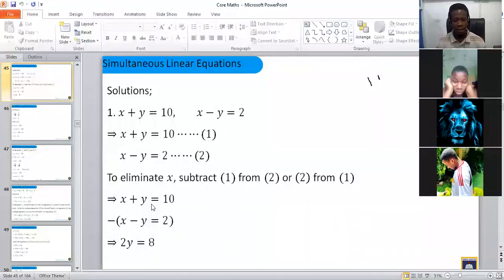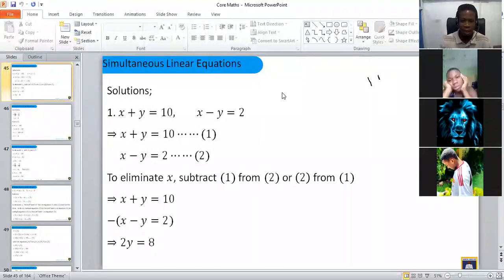So since we are eliminating x, we check whether the coefficients are the same. Are you clear with that one? Yes. Now the coefficients of the variables are the same. Since they are the same, the next thing is we check whether the signs are the same or not.